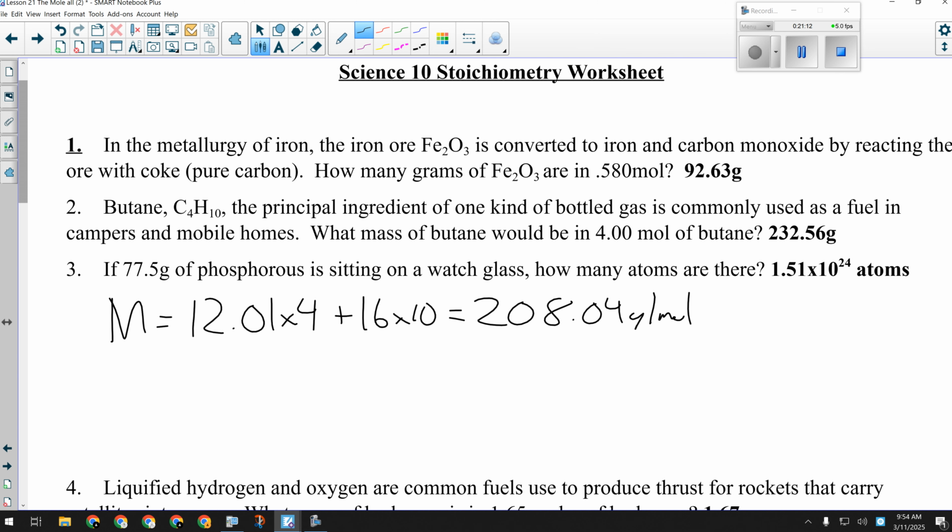Sorry, it's hydrogen. Good catch. So 1.01 times 10, which would be 10.1, right?